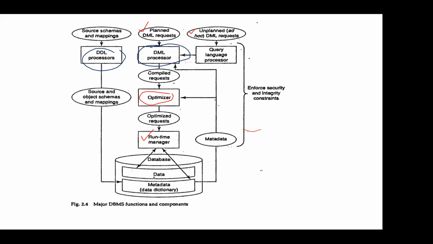So data backup and recovery is the main advantage of a database management system. And concurrency means multiple users can access the data at the same time. Parallel execution, parallel processing, we can say. This is called concurrency.